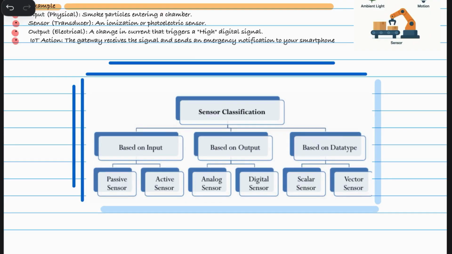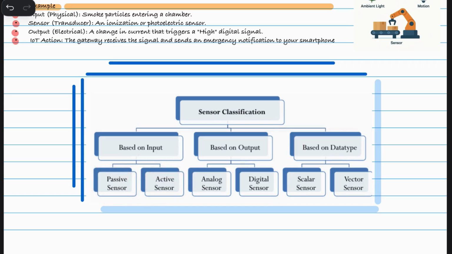Now let's understand how sensors are classified. Sensors are classified based on the input, based on the output, and based on the data type. Think of it as how they interact with their surroundings, that is, what input comes in. So based on the input, they are divided into passive and active sensors.